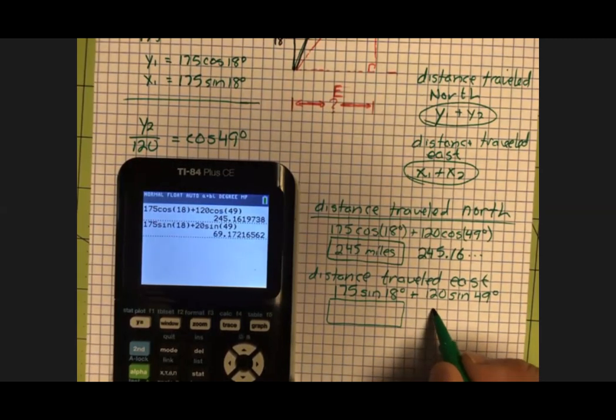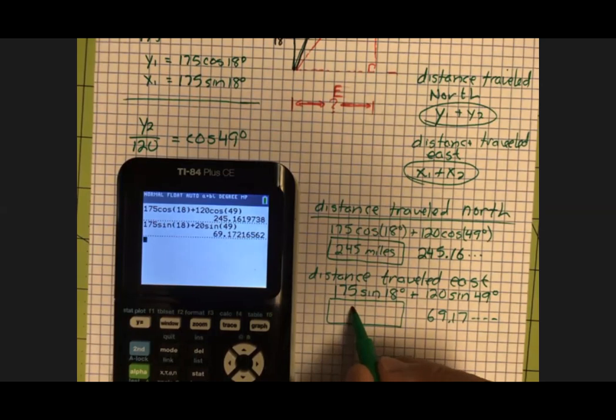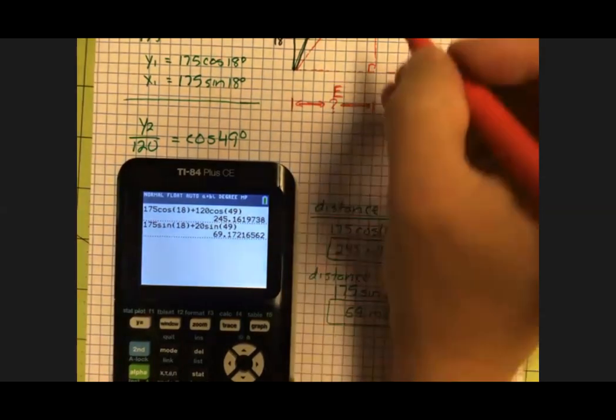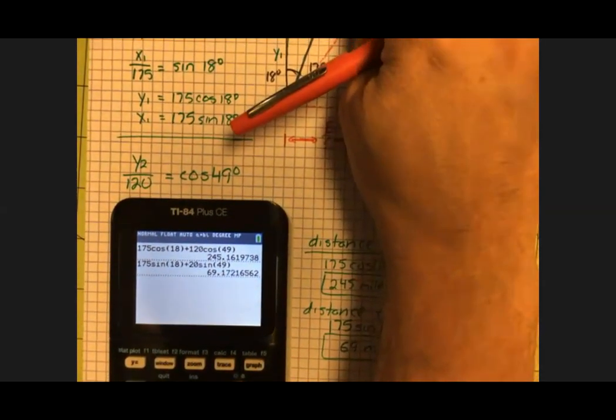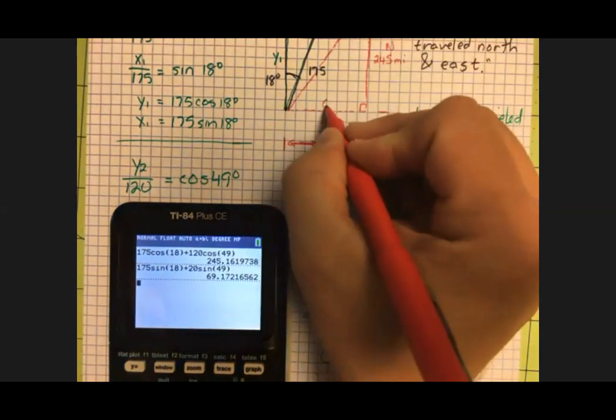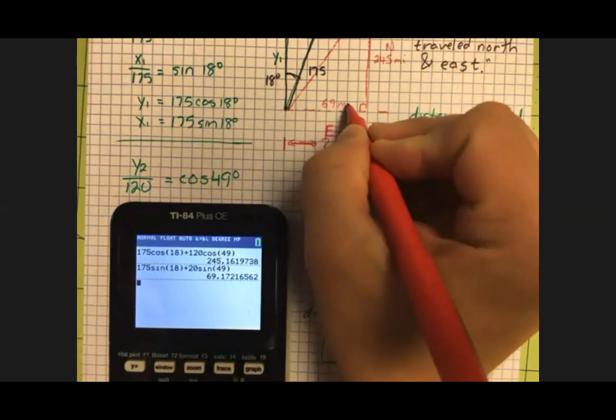It's 69.17 and change. We'll stick to the nearest mile, say 69 miles. So this distance right here is 69 miles east.